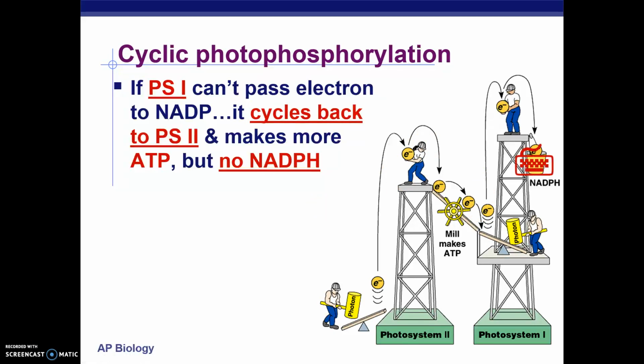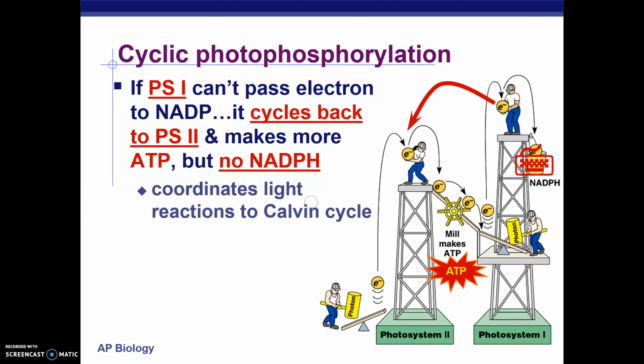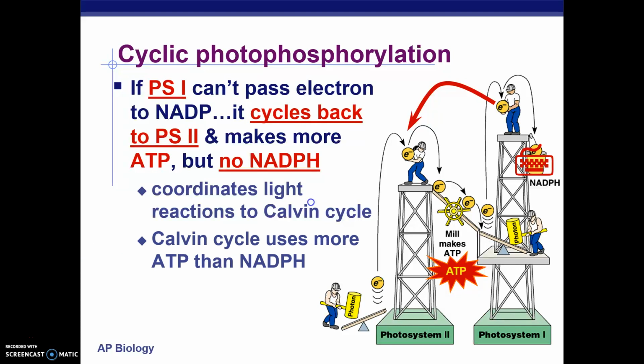And that is known as cyclic photophosphorylation because that very same electron from photosystem 1 cycles back to photosystem 2 and makes more ATP and less NADPH or no NADPH, which is a good thing because the Calvin cycle uses more ATP than NADPH.